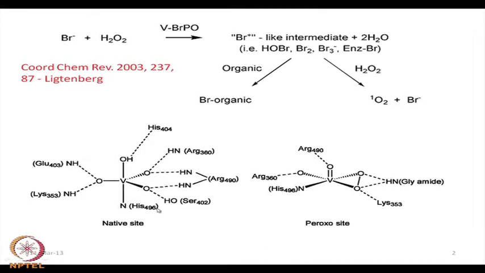So, when it forms an apical bond to the vanadium, this is the new bond forming apart from the 4 existing vanadium oxygen bonds. In the vanadate anion we had 4 vanadium oxygen bonds, and now a new bond is forming.